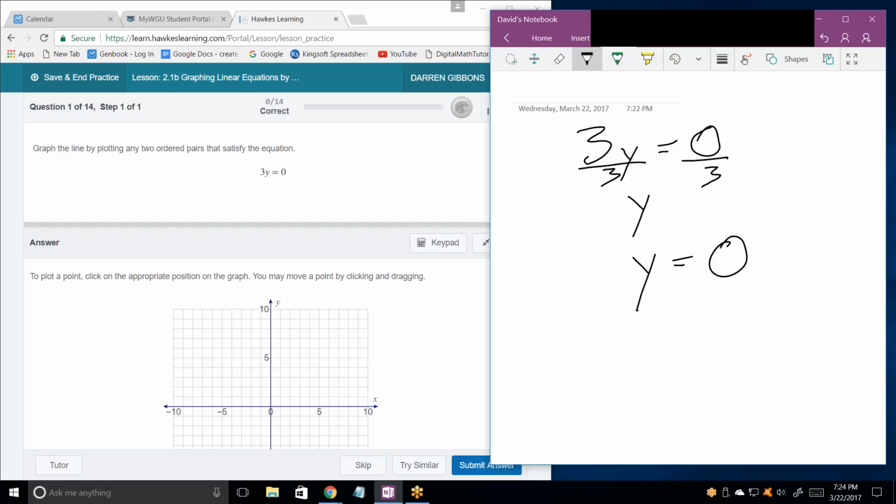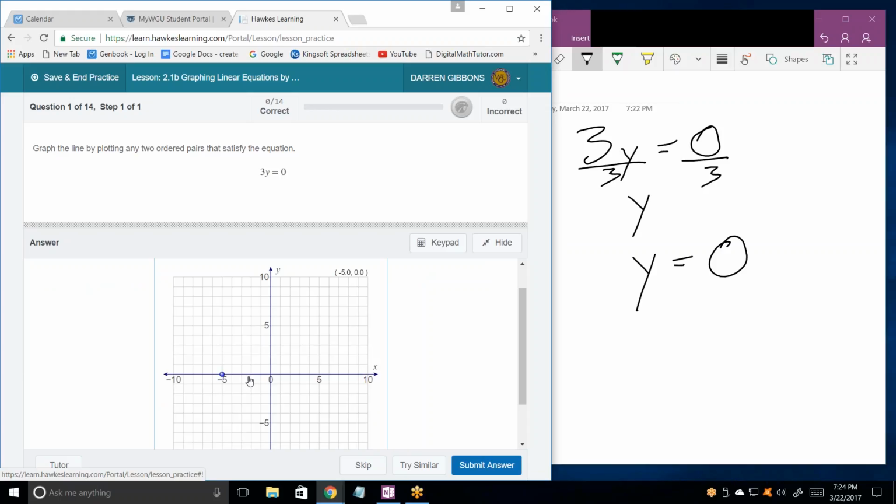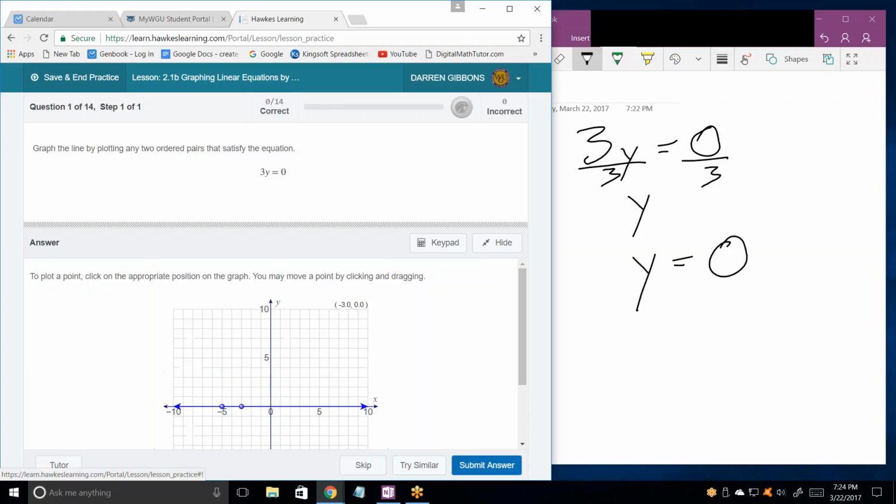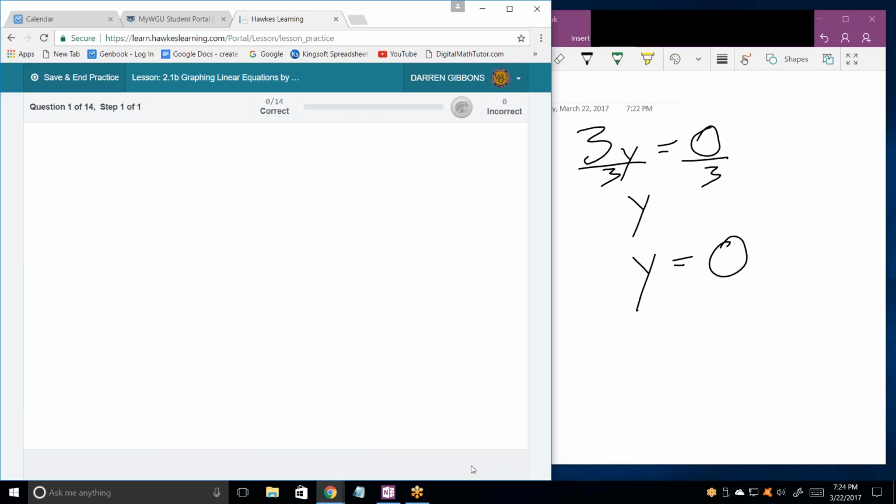So for me to graph that, all I have to do is plot one point on the x-axis and probably a second point, and that should do it. Notice that arrows ended up on both sides of that line. And that tells me it goes to infinity to the left and infinity to the right, but it's basically a horizontal line that is on top of the x-axis. Okay.